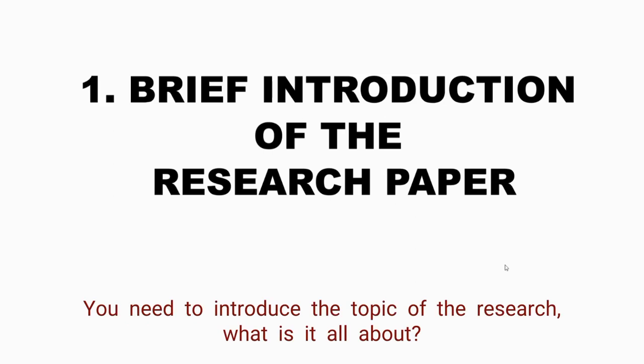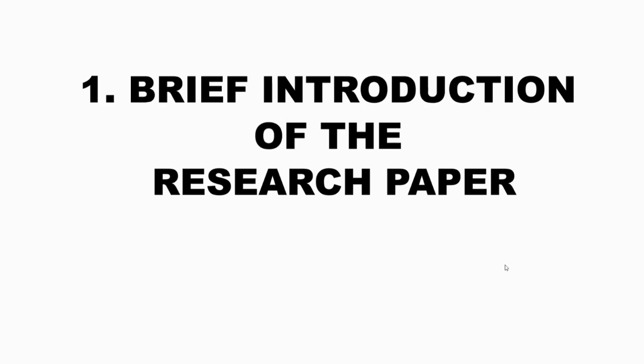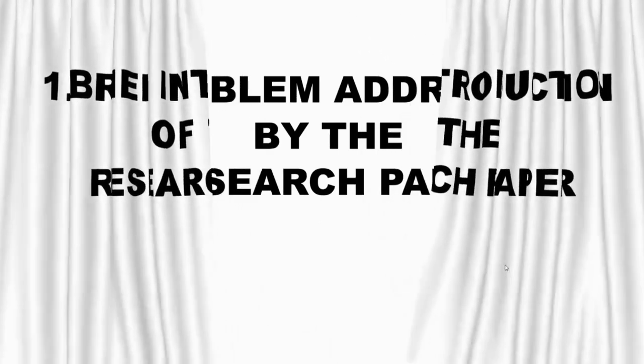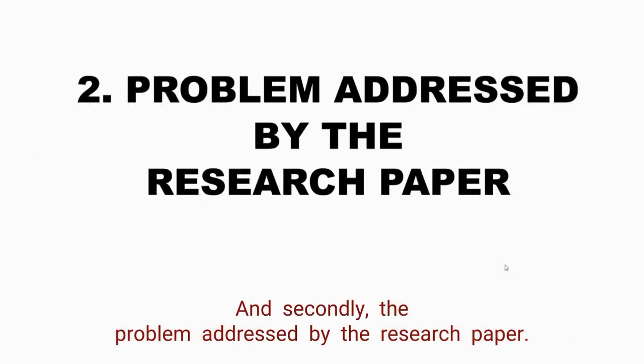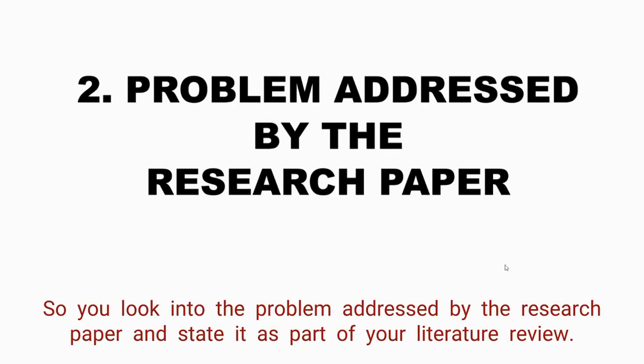You need to introduce the topic of the research, what it is all about. And secondly, the problem addressed by the research paper. So you look into the problem addressed by the research paper and state it as part of your literature review.